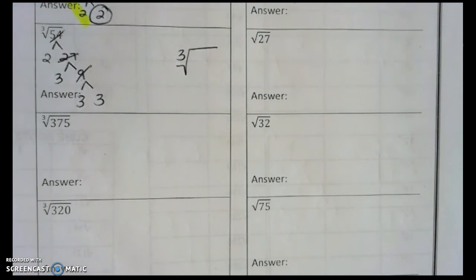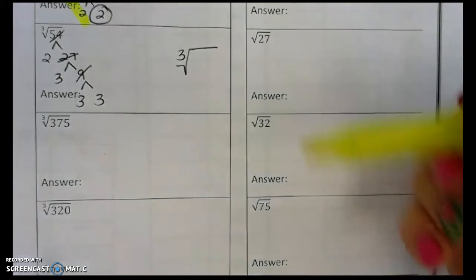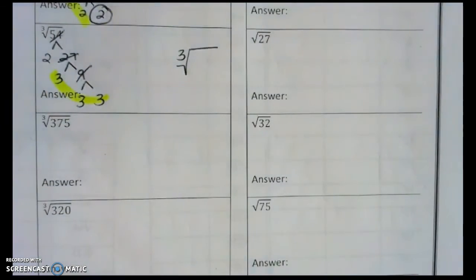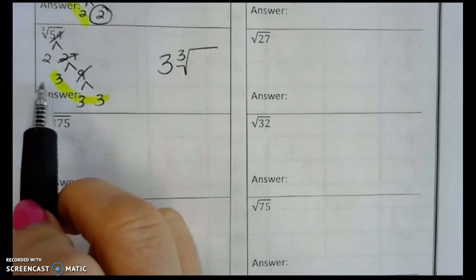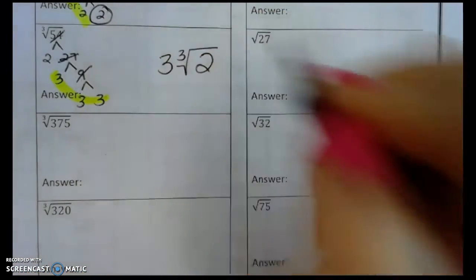And our factors are 2 times 3 times 3 times 3. Now it takes a set of 3 to factor out. We have 3 3's and a leftover 2. We factor out 1 3 to represent the 3 3's, and we leave our leftovers in the radicand.